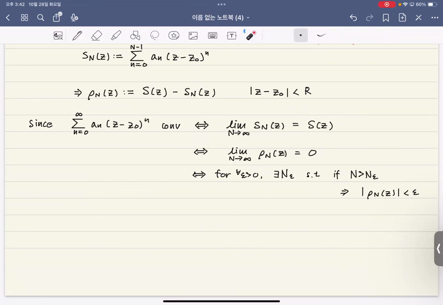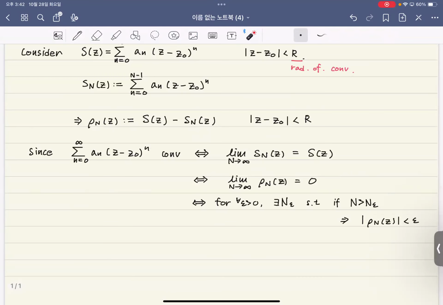But I also want to emphasize that this convergence of the partial sum sequence to the function S(z) should be understood not as a convergence of a single number, but as a convergence of a function. So S_n should be considered as a sequence of functions.